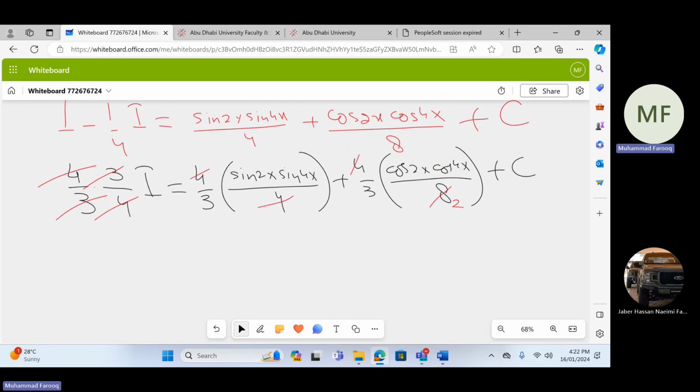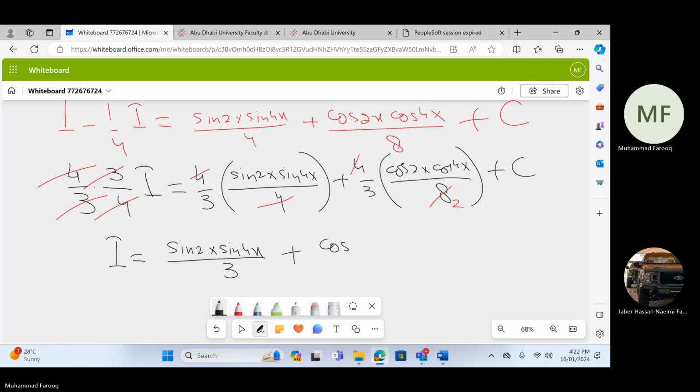So finally, what is I? So I is equal to 3, so sine 2x sine 4x, and divide by how much? 3, right? Plus 3 times 2, cosine 2x cosine 4x, and divide by 3 times 2.